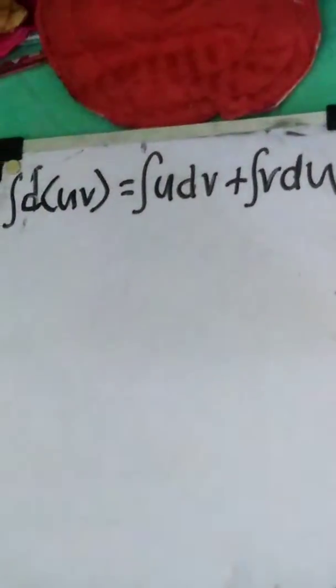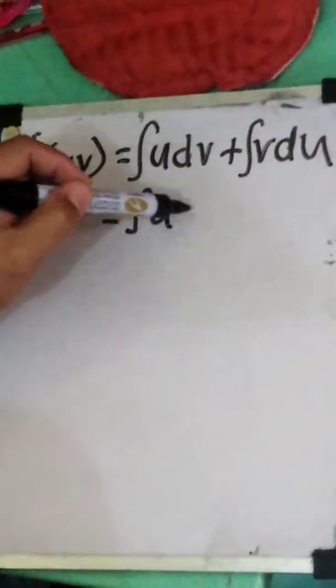Now, integrating the equation, we have uv equals integral of u dv plus integral of v du.